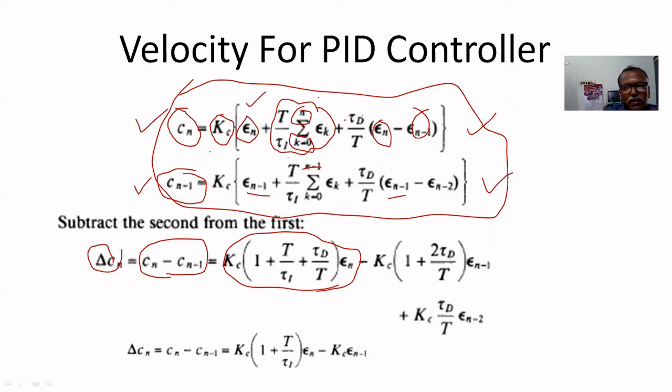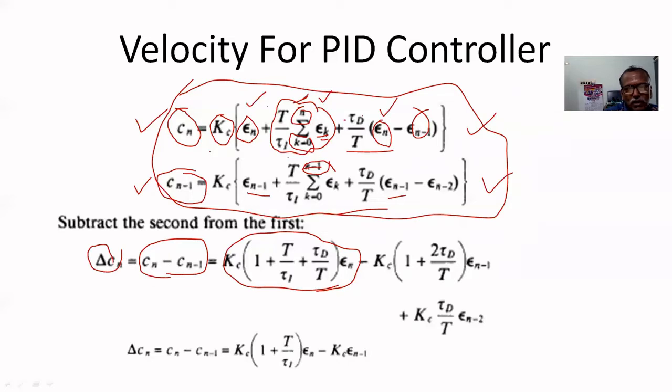Here the summation up to n-1 gets cancelled, so only Kc T by Ti into E of n remains.